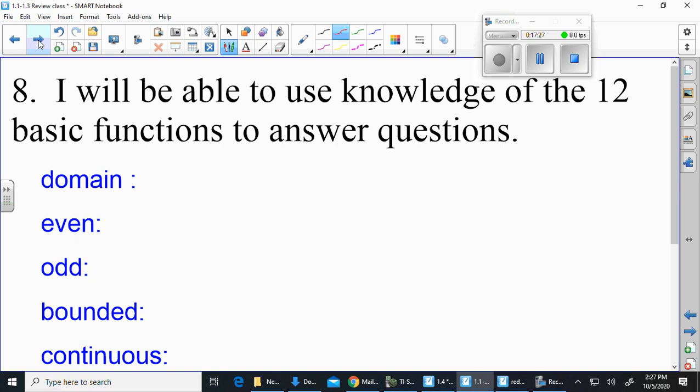Which functions are even? You want to think that absolute value and the quadratic always go together. I mean, it's a u and a v. Whatever they have, they're the same. The other big even function, you want to know those trig functions. Cosine is even. Odd, sine is odd.